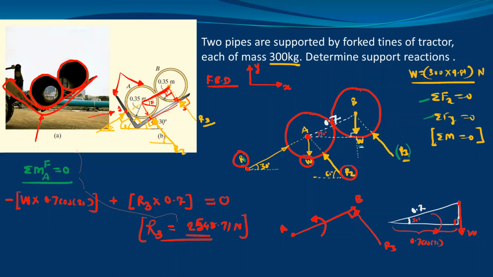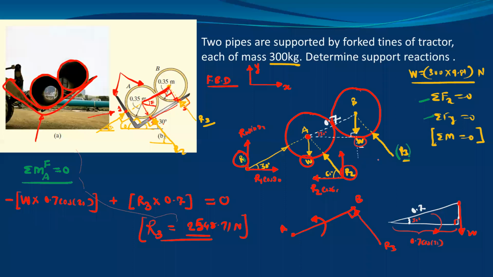This weight W and this weight W are exactly in the y direction. R1 is inclined, so we will resolve the force. This is R1 cos 30 and this is R1 sin 30. Similarly, resolve R2. This is the x component and this is the y component. So this is R2 cos 60 and this is R2 sin 60.